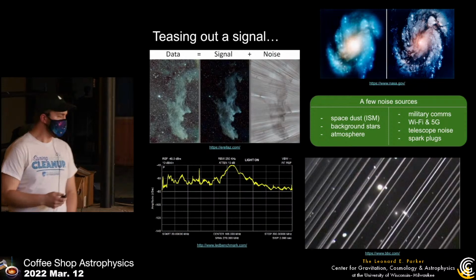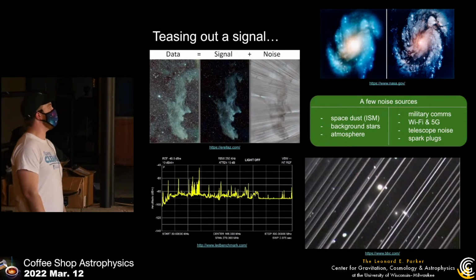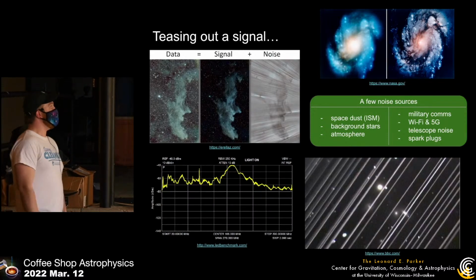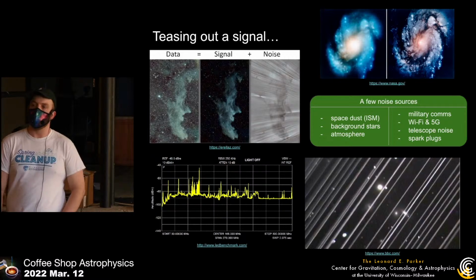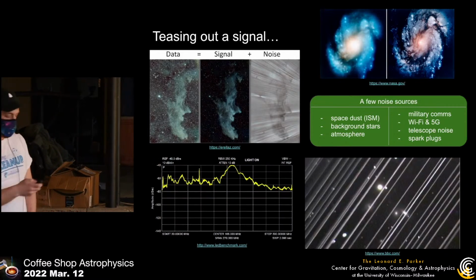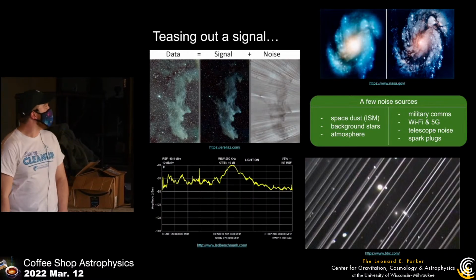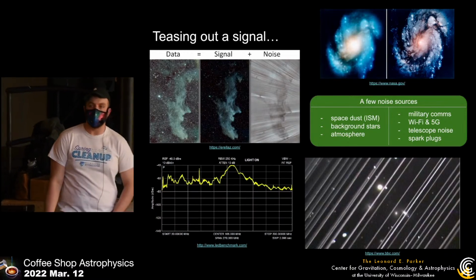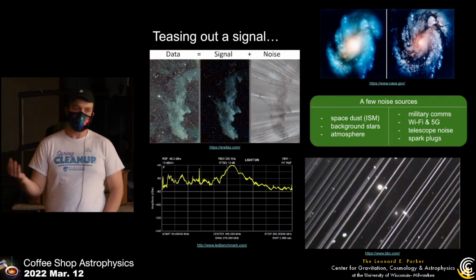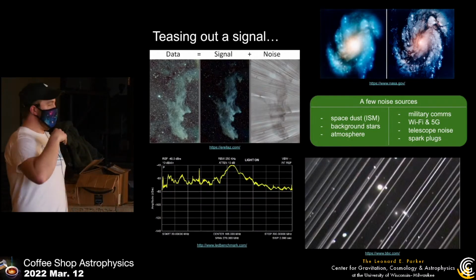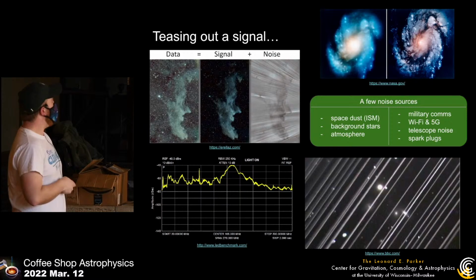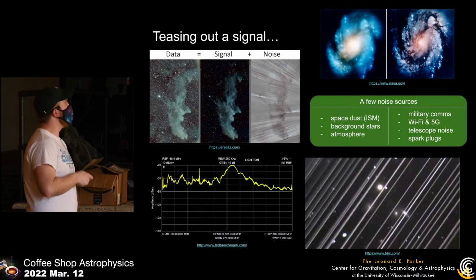So these are a whole bunch of examples of different things that we see in our data that we have to mitigate in some way. So in the upper left panel here, this is a representation of a pretty common technique in astronomy called noise subtraction, where we have, in this case, a nebula that we're interested in looking at.